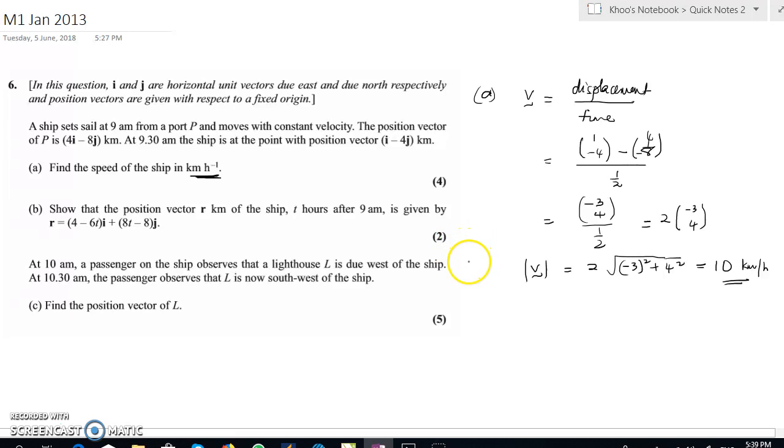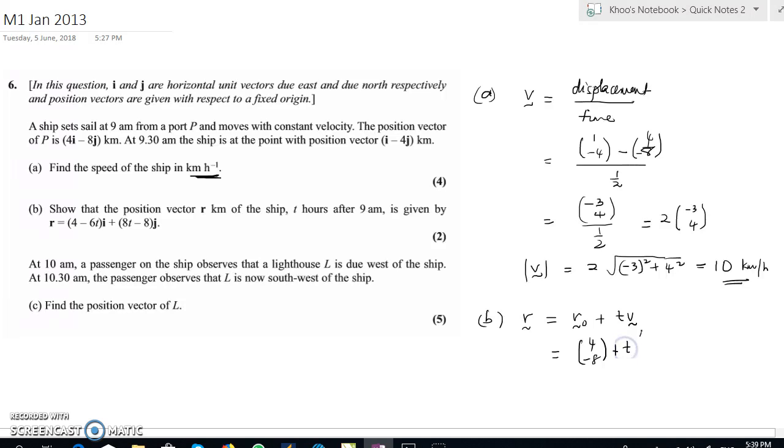Alright, now the next part, B. T hours after 9 a.m. means this will be our starting position. Remember that, let's do it here, part B. The position vector at any time after 9 a.m. is the initial position vector plus the displacement from that position, which is tv. So the initial position at 9 a.m. would be 4, negative 8.